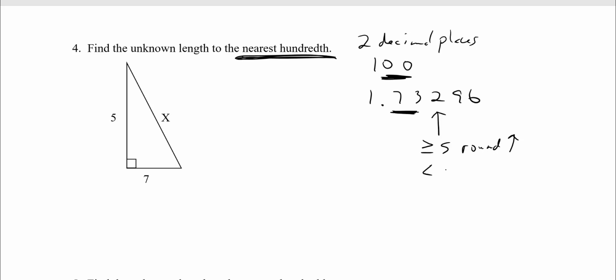If it's less than 5, so 0, 1, 2, 3, or 4, they say round down, but I like to say keep the same, which means 1.73. You don't touch that. So round up would be 1.74, and keep the same would be 1.73. Now since that's a 2, it's less than 5, so you'd keep it the same, and I would round this to 1.73.